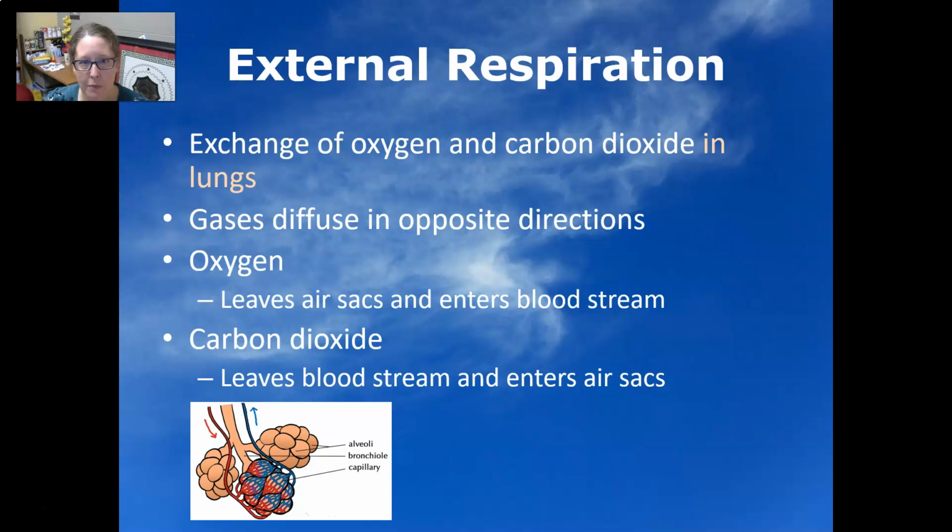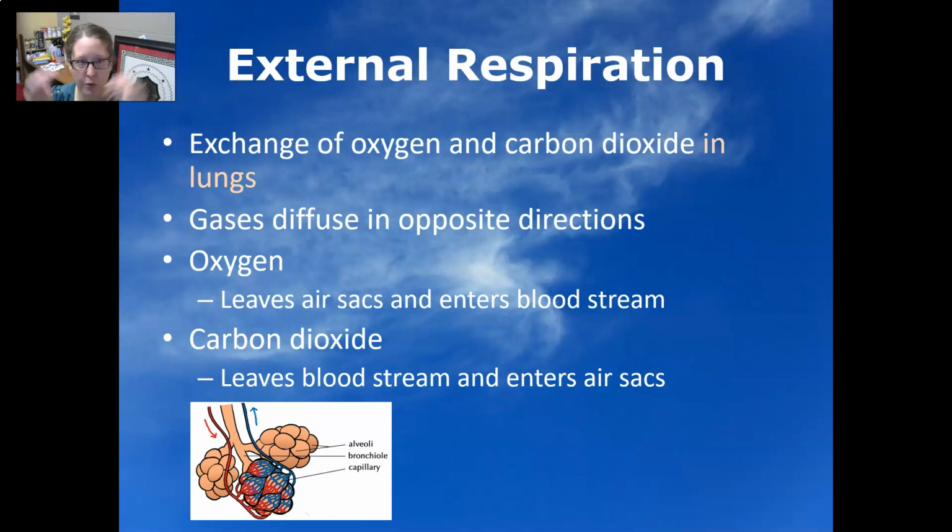So in the lungs at the alveoli, and we're going to look at what those are here in just a minute, we have an exchange of oxygen coming from the air in the lungs going into the capillary blood, and then the carbon dioxide that's in the capillary blood diffusing into the alveoli so that you can breathe it out.